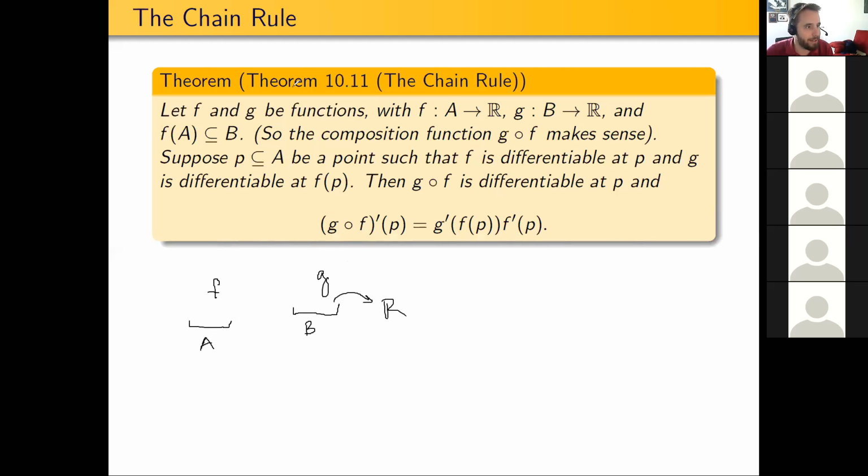All we're specifying here is that f of A, the image of A, is a subset of B.